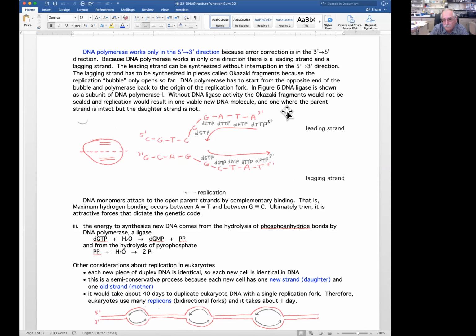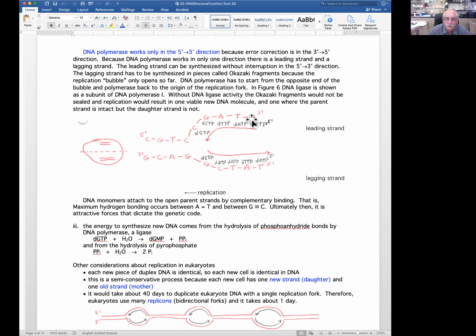Well, it's attractive forces, which are going to be Londons, they're going to be dipole to dipole, they're going to be hydrogen bonding. In this case, it's hard to say ion to dipole, but I'm sure it probably has some effect. So you get maximum hydrogen bonding between an A and a T, between a T and an A. See how that works?